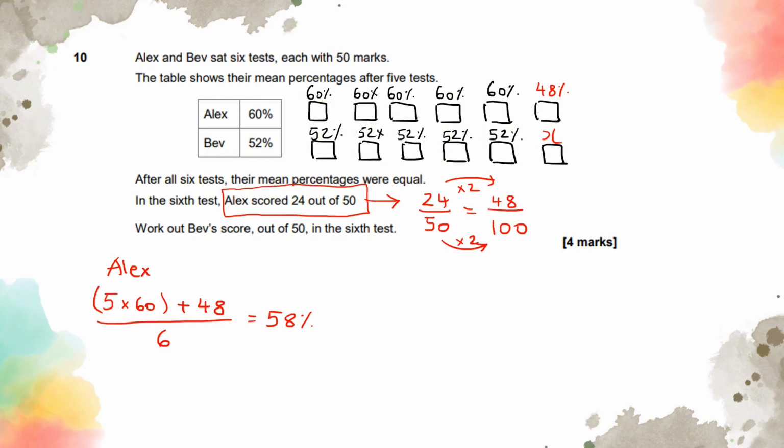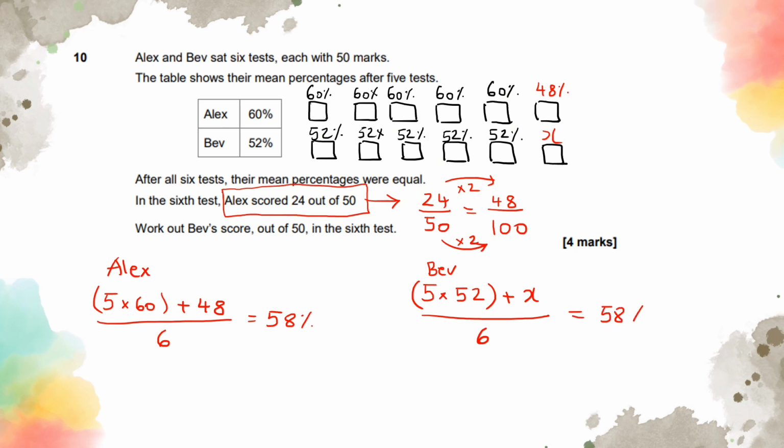This means that if I find out the average percentage of Bev, it needs to be equal to 58%. So for Bev, I've got 5 lots of 52% plus the 6th test. There are 6 tests that I need to divide it by 6. Should be 58% as well.